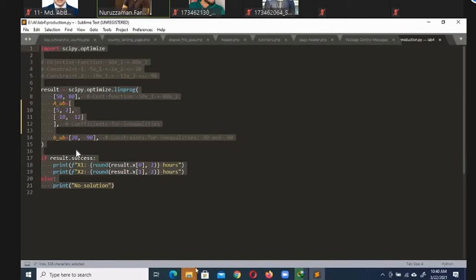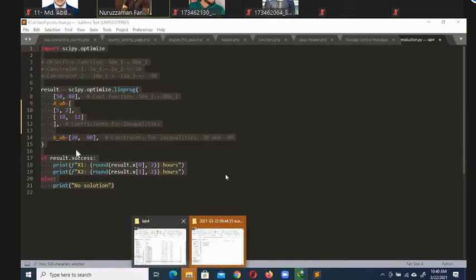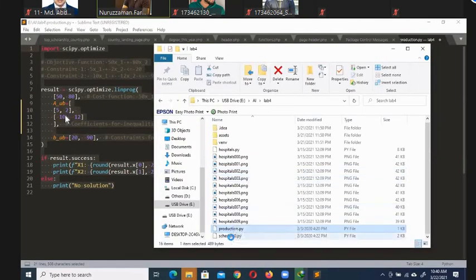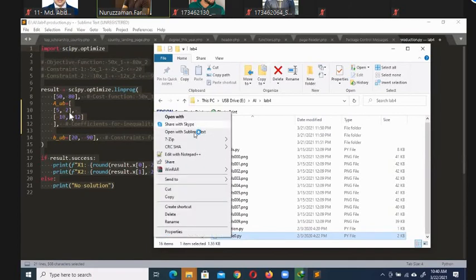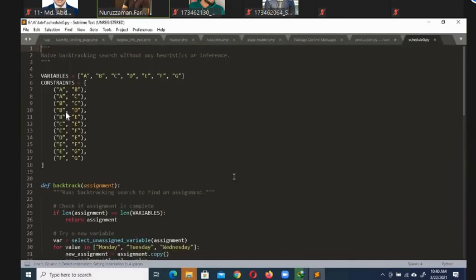So after production, that is the application of linear programming, we have the constraint satisfaction problem. In the constraint satisfaction problem, you remember we use backtracking search. So this is what has been used here. We have variables from A to Z, and we have defined the constraints in this way.